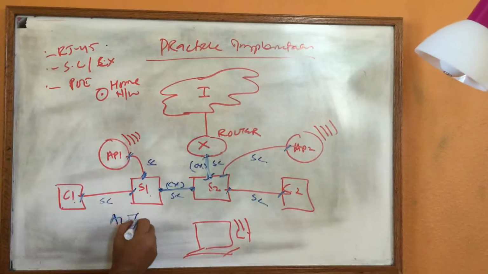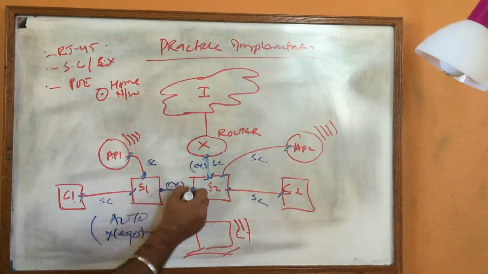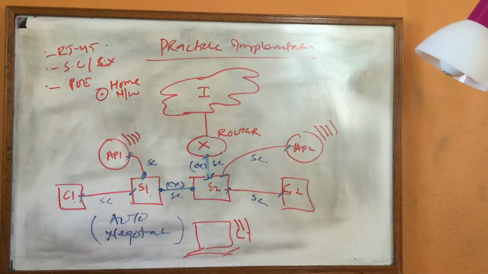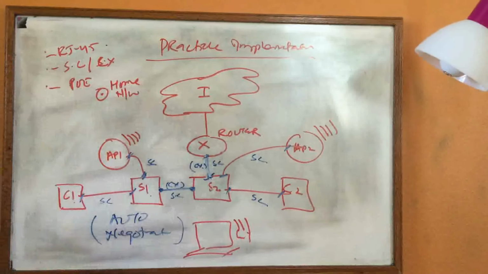What that means is that if the straight cable is not working, they can automatically put the connections into a crossover pattern. And what a crossover cable is and what those crossover patterns are, we have covered in the previous chapters.